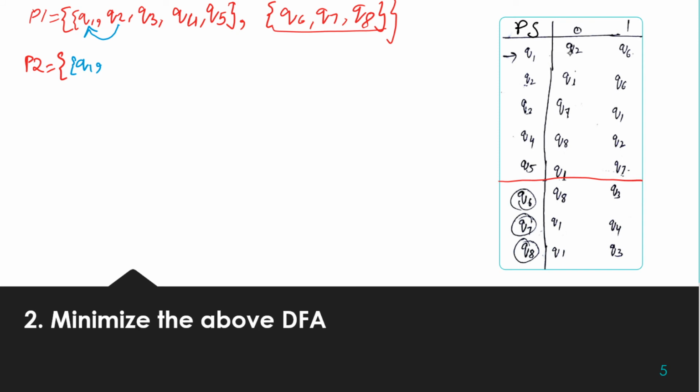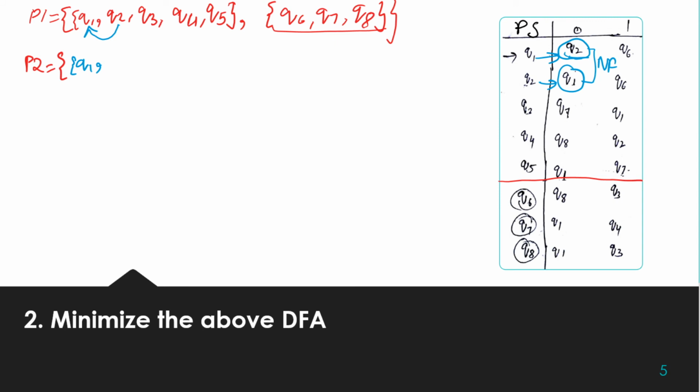From Q1 we are moving to state Q2 for input symbol A, and from Q2 we are moving to state Q1. Q2 and Q1 are part of the same group of non-final states, so they are compatible for input symbol A.